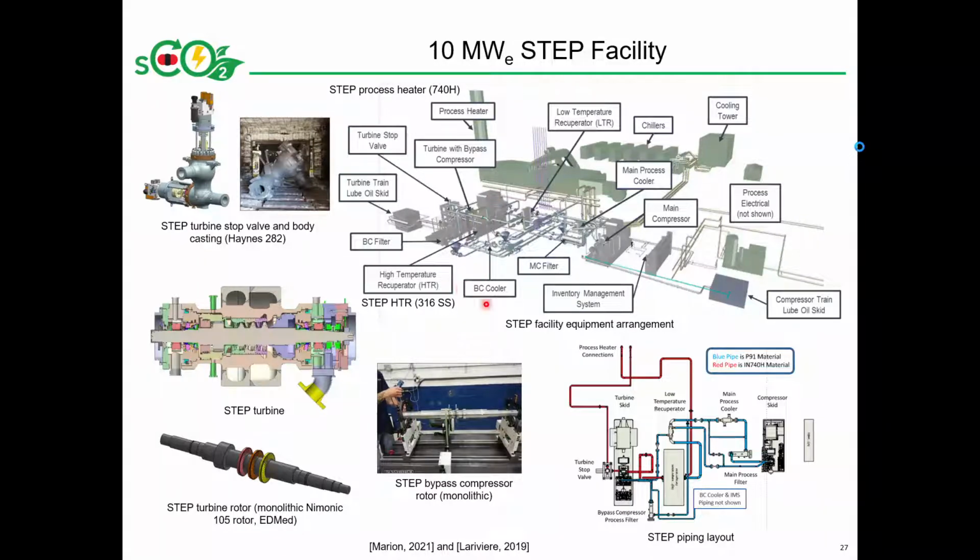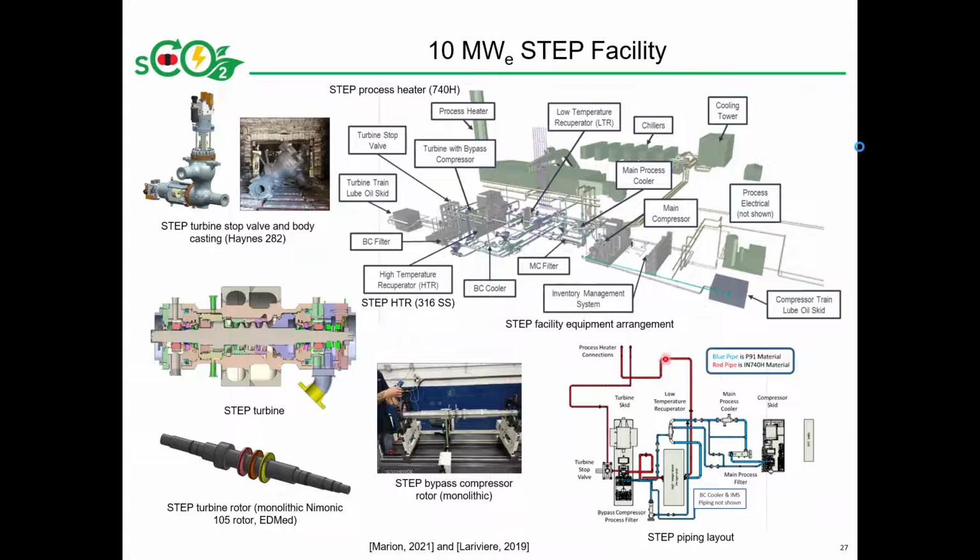If we look at a top view here of where the turbine and the compressor skid live, as well as some of the recuperators, we can see the piping arrangement and some of the piping materials that were selected for this system.